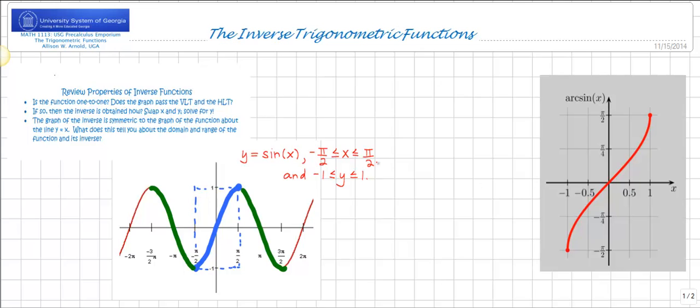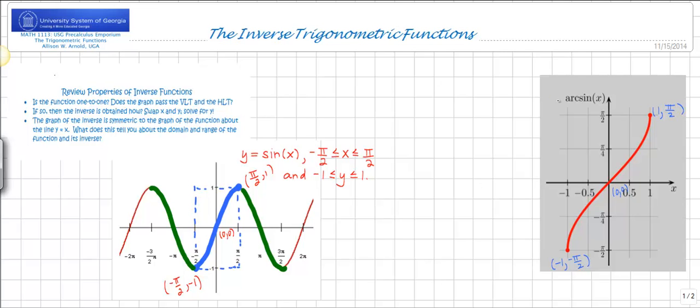Now, if this is all we're finding the inverse for, then when we swap x and y, we're swapping ordered pairs like the following: pi over 2, 1, 0, 0, negative pi over 2, negative 1. In doing so, we get ordered pairs like negative 1, negative pi over 2, 0, 0, and 1, pi over 2.